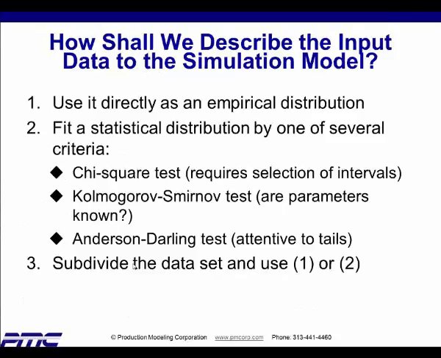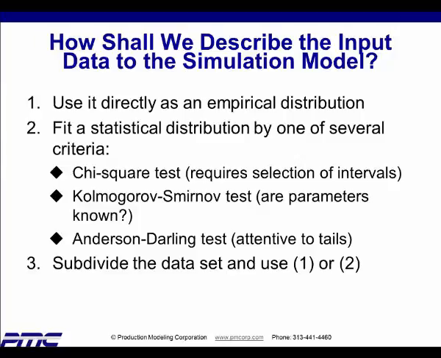And then once you feel you understand all these things about the data, how do you put it into the simulation model? Well, you can put it in directly by giving the model all the data points in a file and letting the model sample among them directly. That's what number 1 refers to.